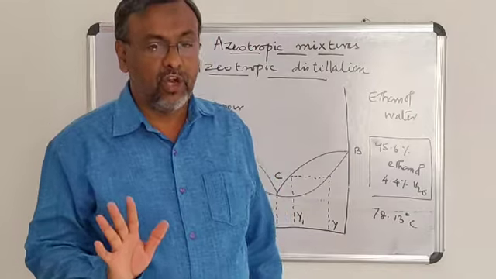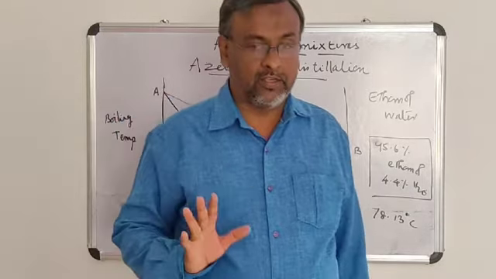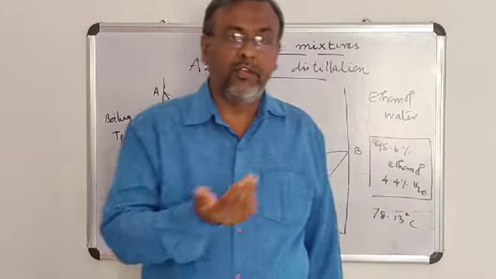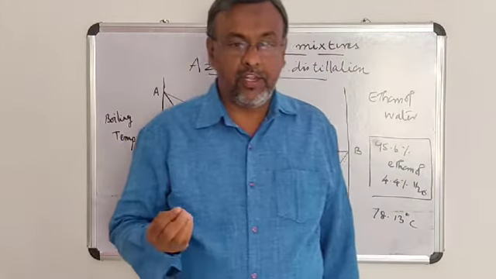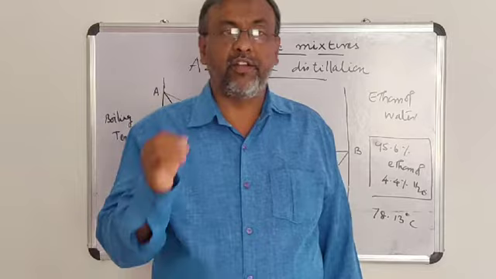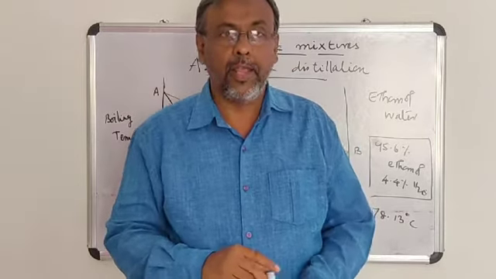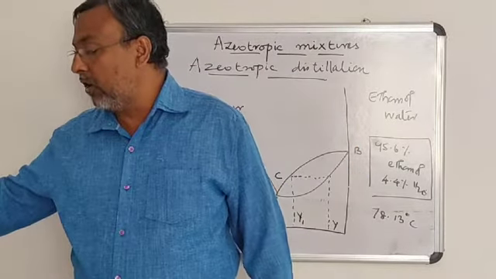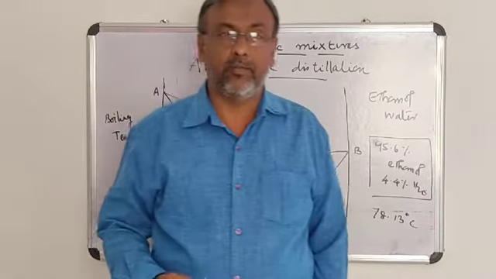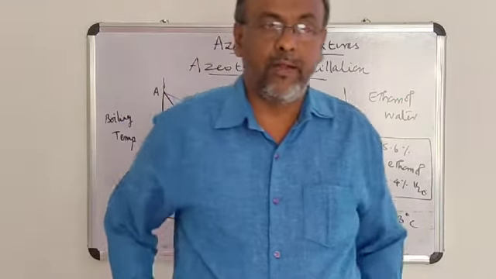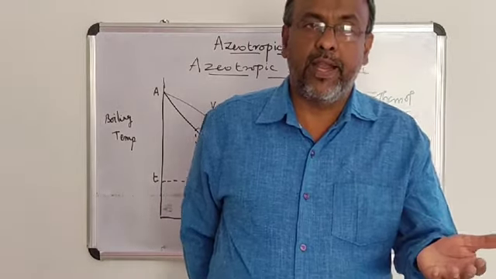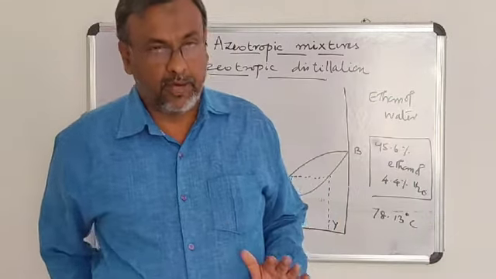This is the definition of azeotropic mixtures, and this type of separation of one compound from another is called the azeotropic distillation process. So this is the basic concept of azeotropic distillation, in which we can separate one component from the other.